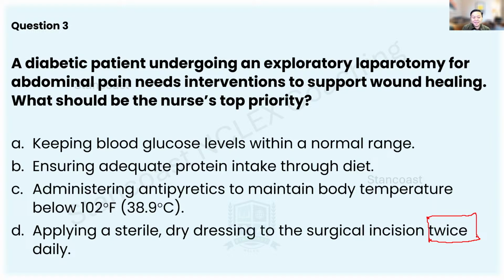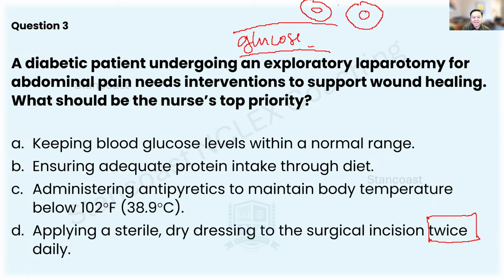But the systemic factors, let's say the blood glucose control, can significantly affect the healing. Without proper glucose control, if your patient's glucose is mainly congregating in the bloodstream, if there is no proper delivery of the glucose into the cells, then what's going to happen?